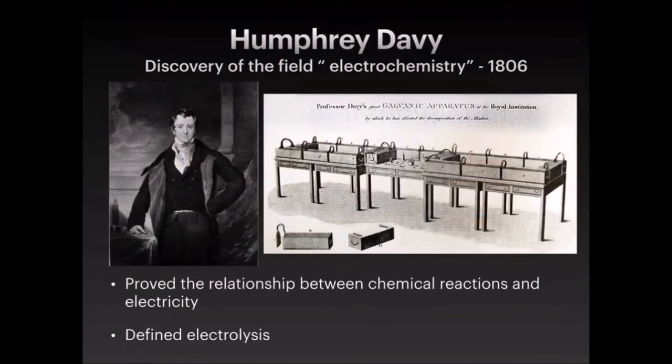Electrolysis is the process by which an electrolyte is altered or decomposed by applying an electric current. So Humphry Davy identified the relationship between chemical reaction and electricity. Also, he used electrolysis to separate elements from their compounds. So we can say Humphry Davy discovered the field of electrochemistry.